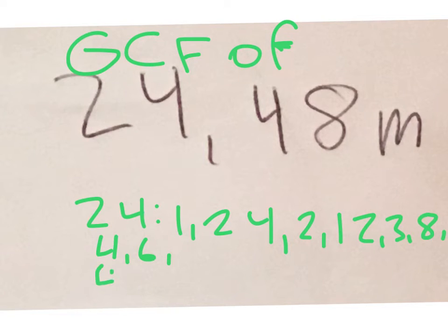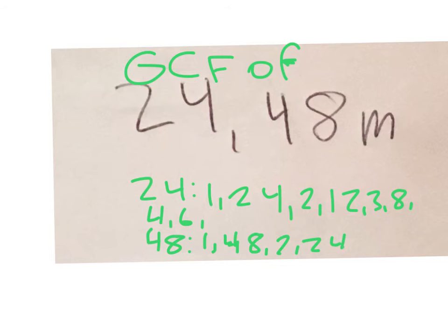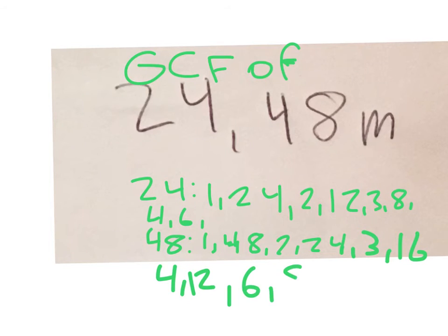And for 48, some common factors are 1 and 48, 2 and 24, 3 and 16, 4 and 12, 6 and 8, and those are the common factors of 48.